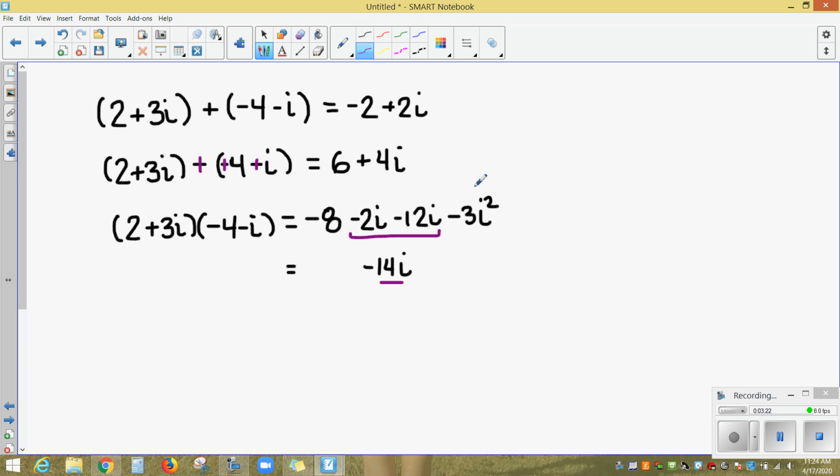But also here, we said we can't leave any i squareds in our final answer. And so we recall that i squared is -1, and -3 times -1 is +3. So +3 and -8, my first terms and last terms can now go together, and I get -5 minus 14i.